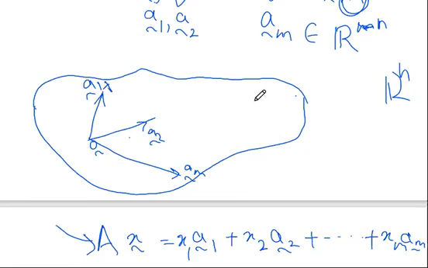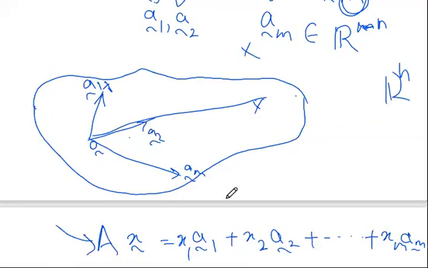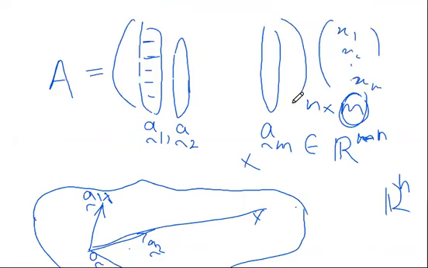Right? If your b is in this set, you can find x very easily. That means the system has a solution. If your b is outside of this column space, you cannot find solutions.